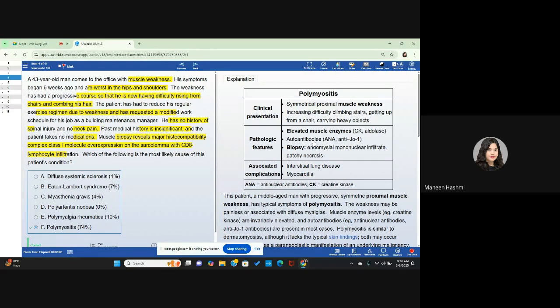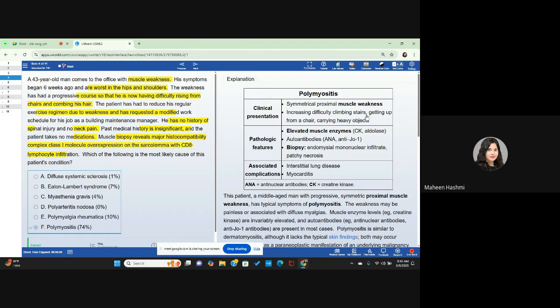What is dermatomyositis? Can anybody tell me? It manifests as a skin lesion, with a heliotrope rash on the face? Yes, and CD4. So dermatomyositis is exactly like polymyositis plus skin manifestations.